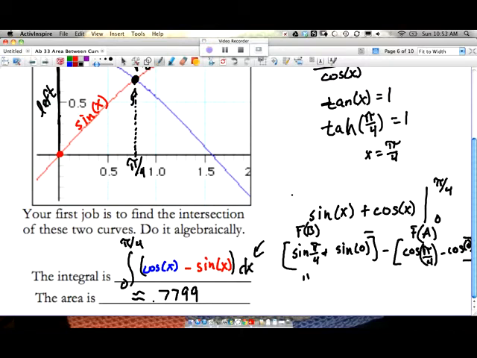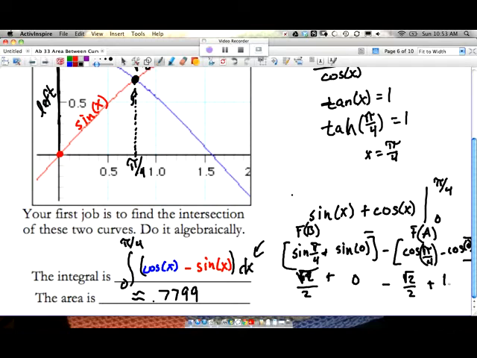Okay, so sine pi over 4, that's square root 2 over 2, or 1 over square root of 2, plus 0, minus cosine is square root 2 over 2, then we got minus minus, so that's plus 1.